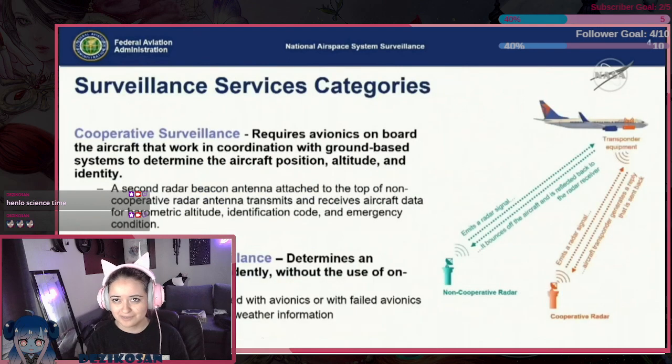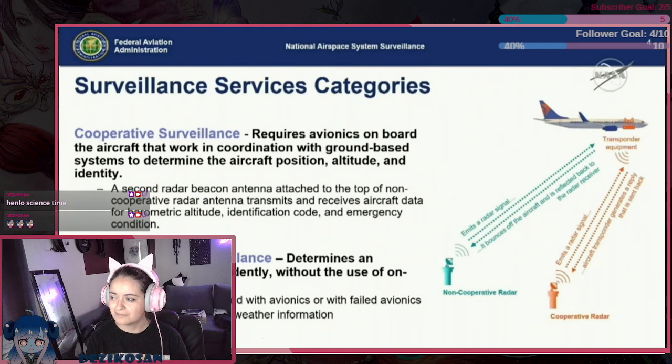As we get into the discussion of surveillance services, I want to provide a little bit of framework around the categorization of our surveillance services, and we primarily break those into two bodies. The cooperative surveillance is defined by a sensor that's avionics or equipment on board the aircraft that works in conjunction with ground-based sensors.